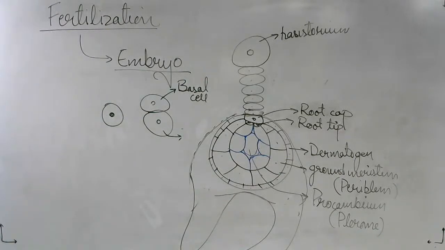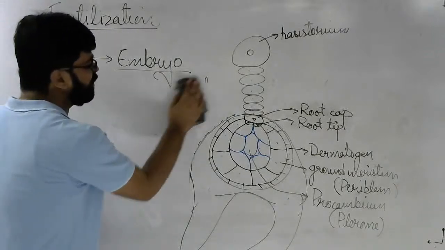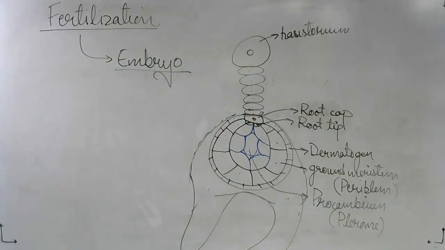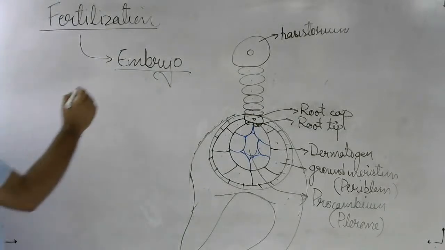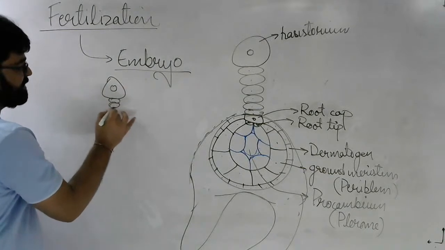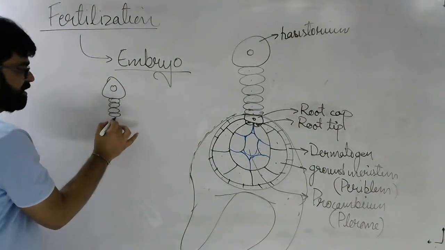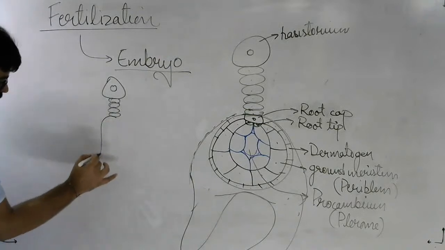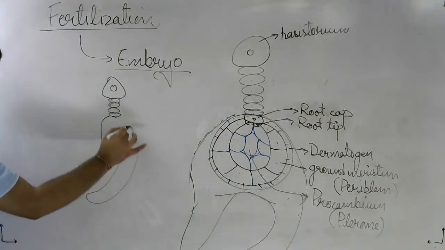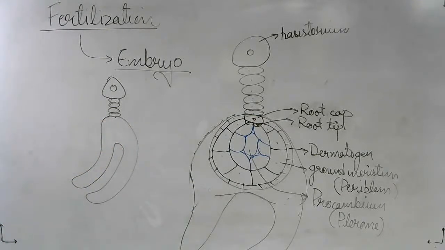So let me draw the structure here, how it will look when it grows completely. This is the micropyle, suspensor cells are there, and the embryo will grow like this.